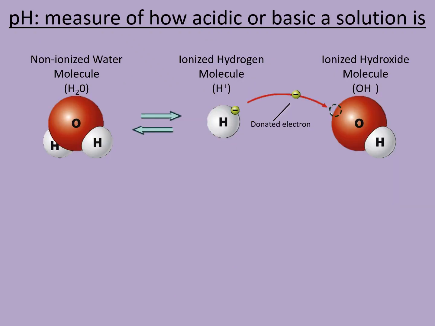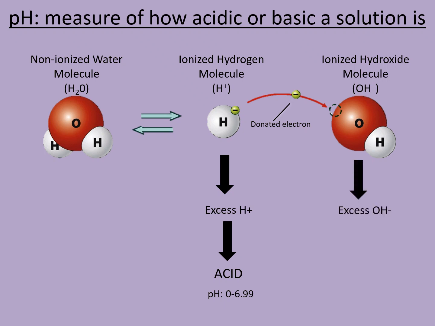You can also measure how acidic or basic a solution is. We all know pH. You have your non-ionized water molecule, H2O, and you have ionized hydrogen and hydroxide. Whenever you measure pH, if you have excess hydrogen, that equals acidic.